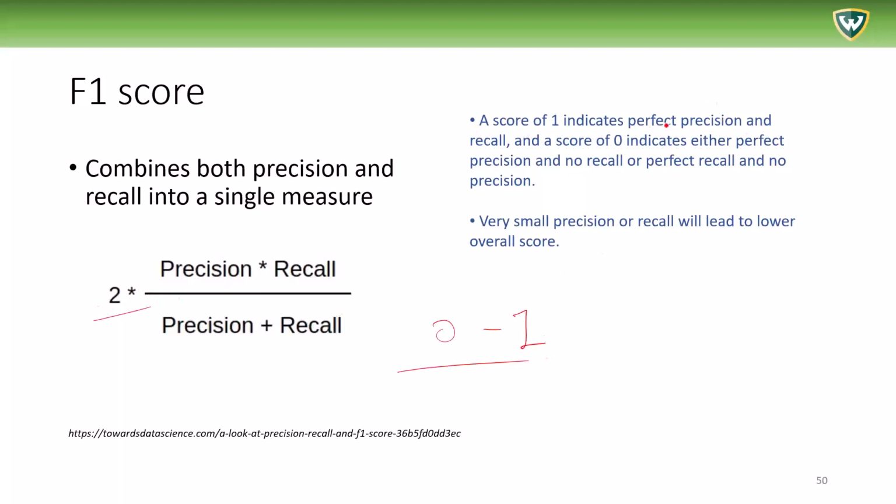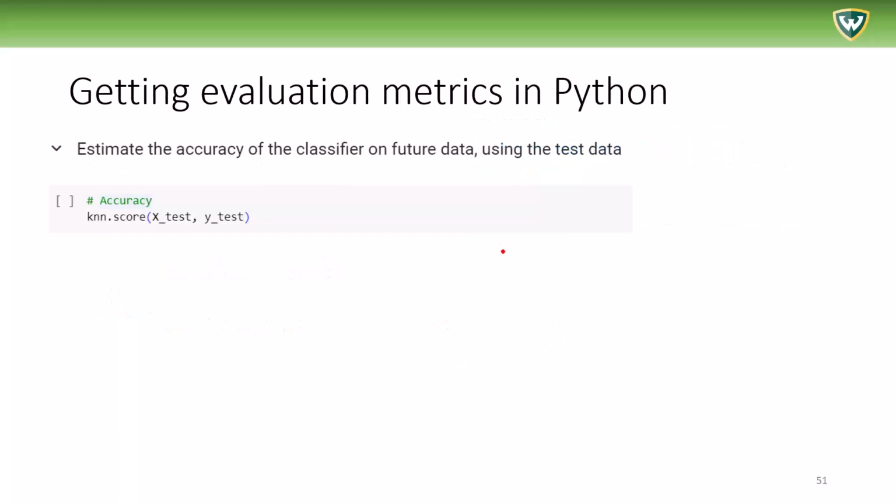So a score of 1 indicates perfect precision and recall, and a score of 0 indicates either perfect precision and no recall, or perfect recall and no precision. So we want the number closest to 1 possible. A very small precision or a very small recall will lead to a lower overall score, and we don't want that. We want both high, and the F score combines them and helps with that.